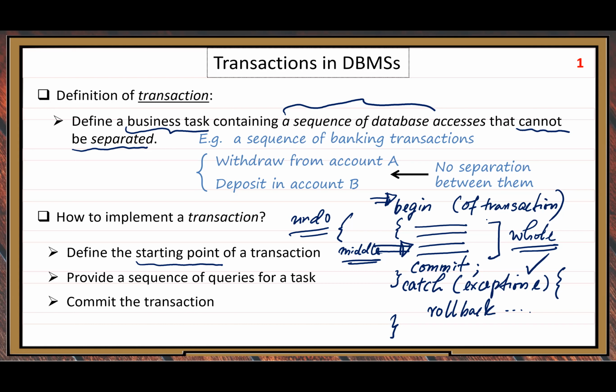Then there is a rollback. When something happens, there is a rollback. The last thing to protect your transaction. That's the whole concept. Rollback if there is an error.